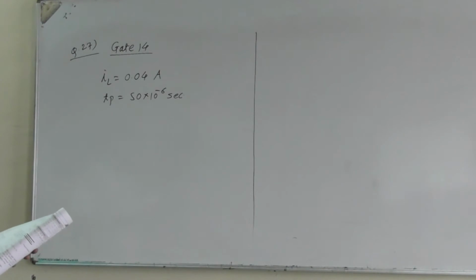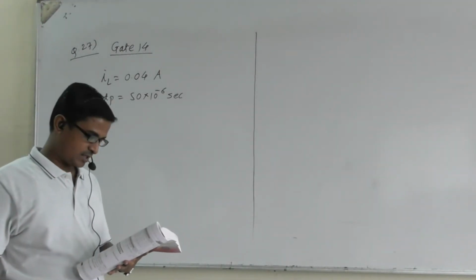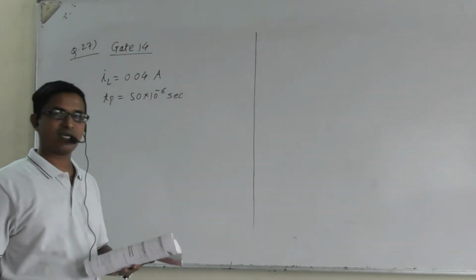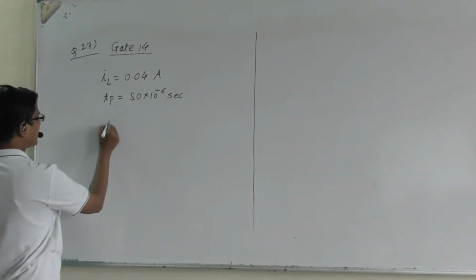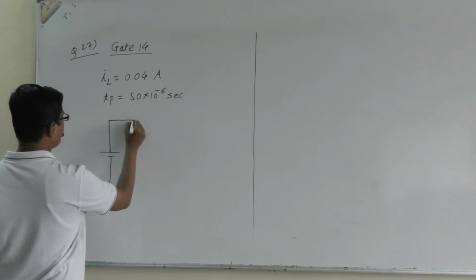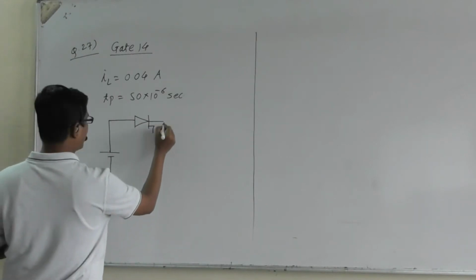The maximum value of resistor R in ohm to ensure successful firing of the SCR is, okay, and they have given the circuit. Basically this is a numerical answer type question, and for this type of questions there will not be negative marking, right?